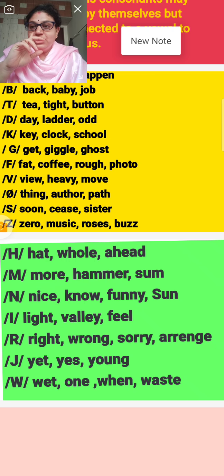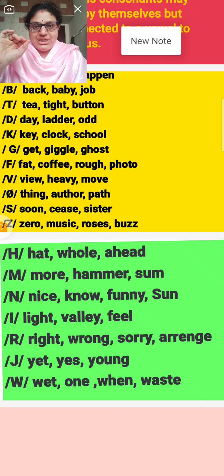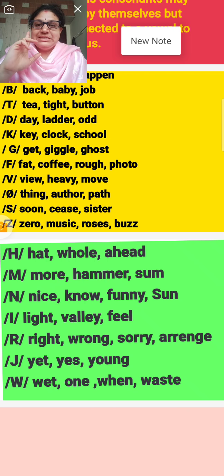Don't go for the spellings. Don't go for the spellings on the board, or in your book, or what you are writing. Because in English, what you write and what you read are not the same.